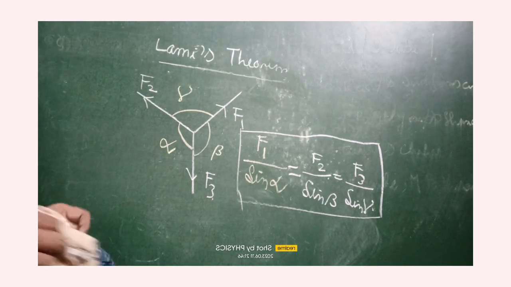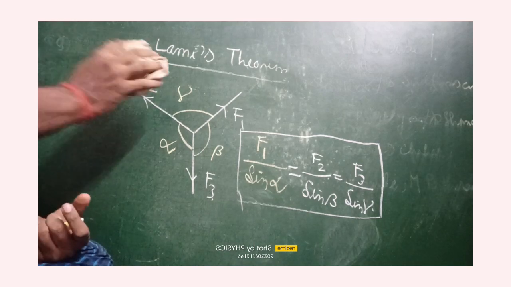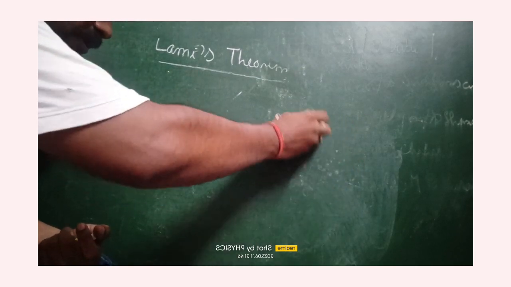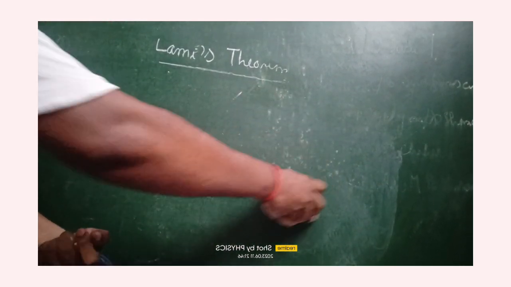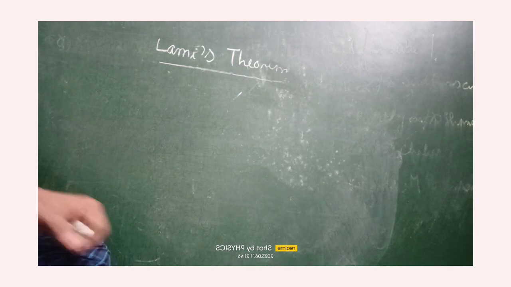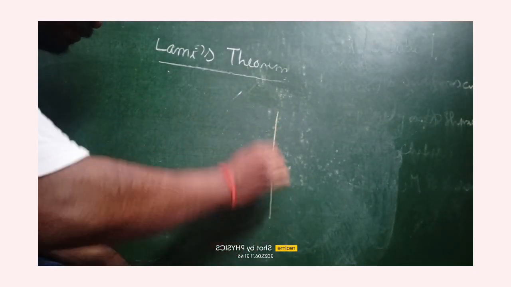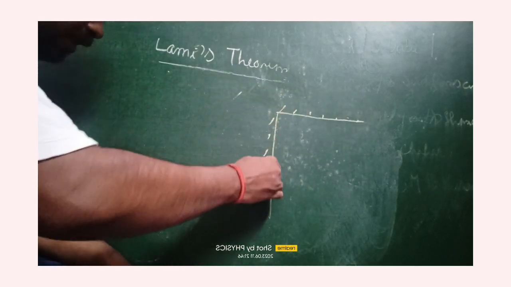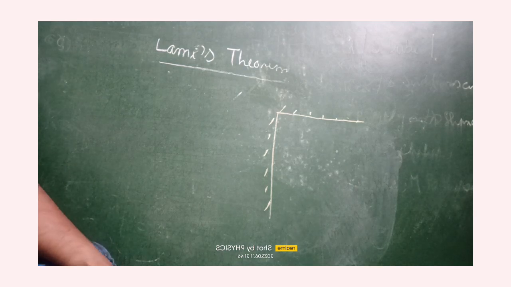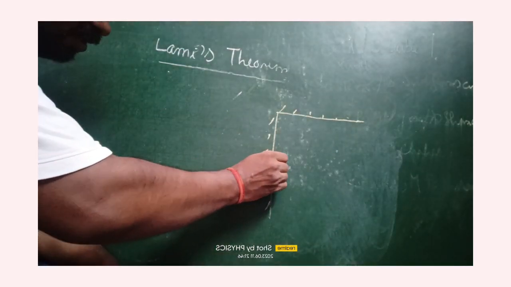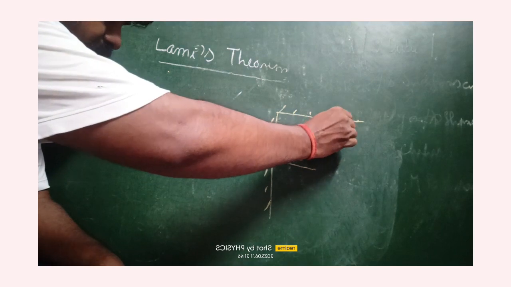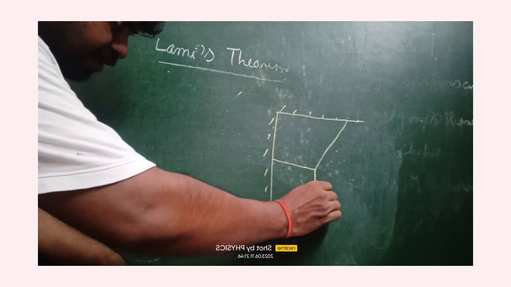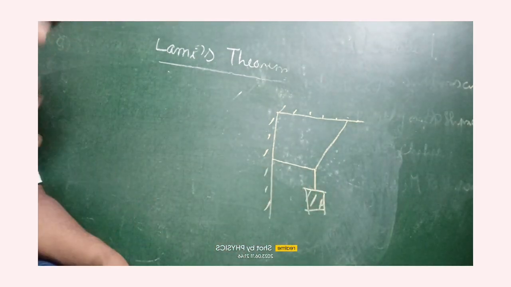Now let's take a problem directly connected to Lami's theorem. Let us draw. This is the roof of the house, the wall of the house. Now let us take two wires, and another wire is connected to a block at equilibrium.